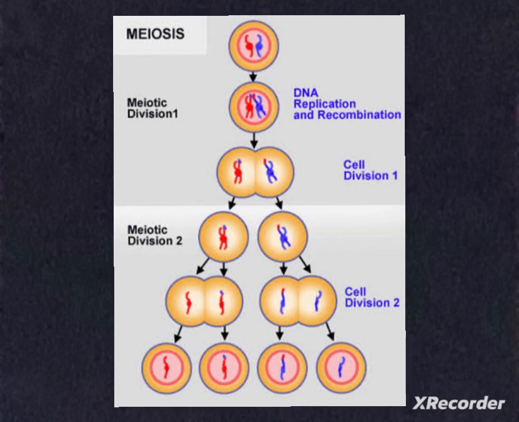Crossing over is a process of meiosis in which segments of two chromosomes of a homologous pair are exchanged between non-sister chromatids. So, in meiosis 1, homologous chromosomes separate from each other and two haploid daughter cells are produced, and in meiosis 2, sister chromatids separate and four haploid daughter cells are produced.